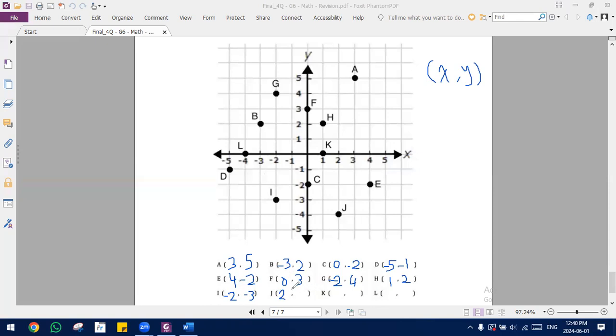And it's down, which means y is negative, so minus 4. K is on the x-axis. x is 1, y is 0. The last one, L, is also on the x-axis, but on the left. So x is minus 4. And the y value is 0.